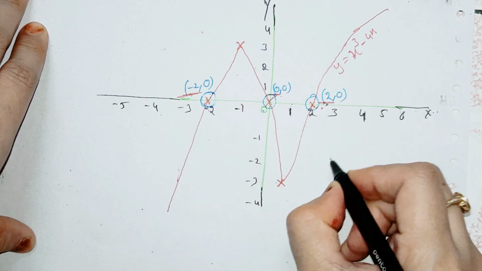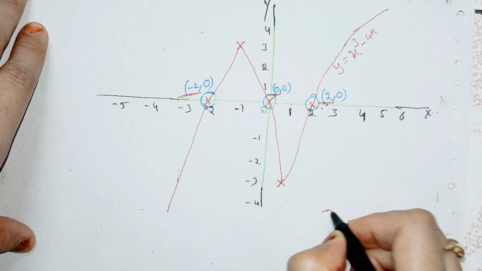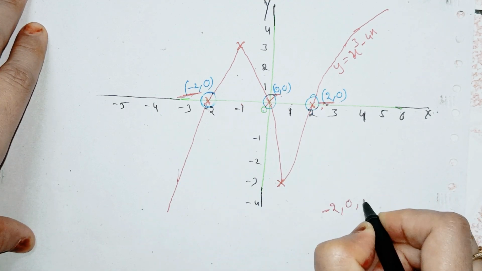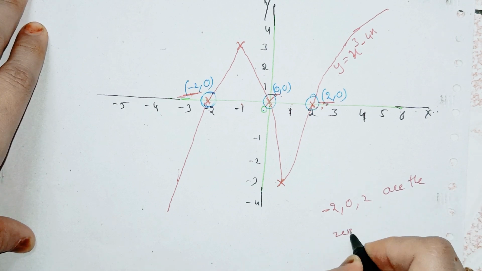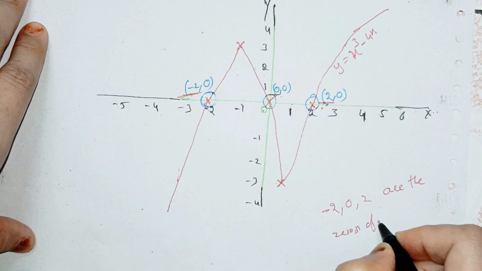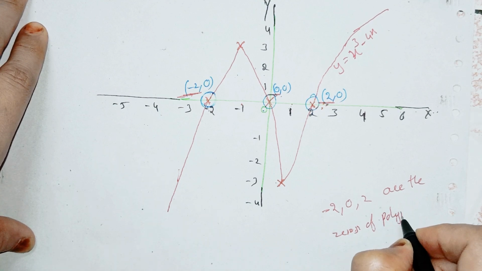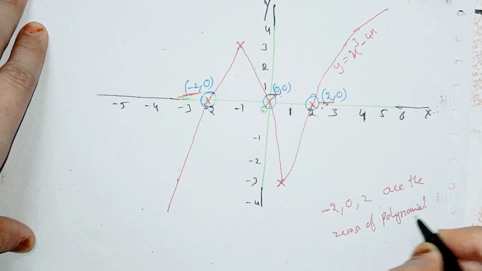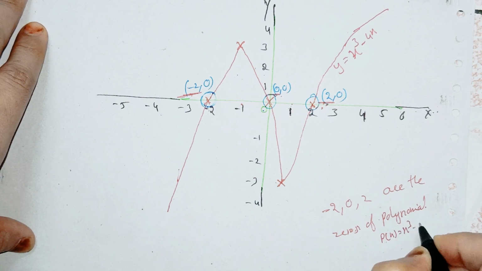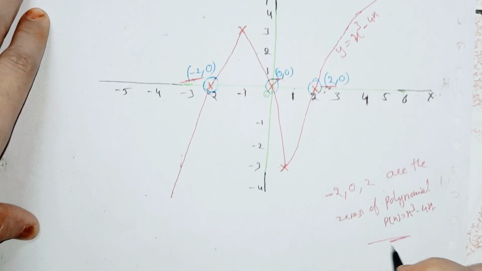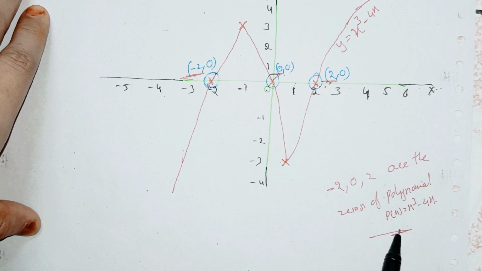So these are the zeros of polynomial p of x, x cube minus 4x. So these three are the zeros of polynomial.